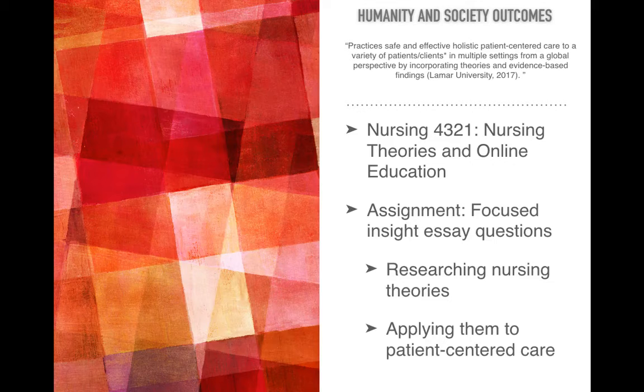This was achieved in Nursing 4321, which is Nursing Theories and Online Education. We had this assignment that had focused insight questions. It asked us scenarios, and we had to apply the appropriate nursing theory to it that best served the patient, that would help with their care.